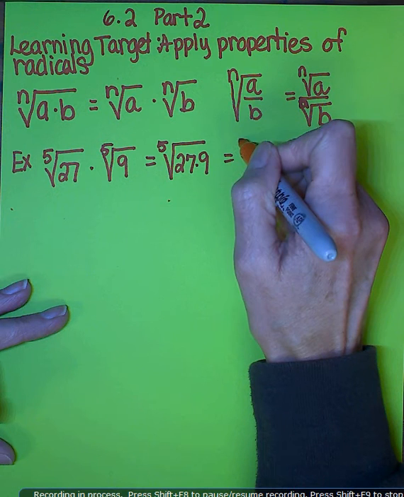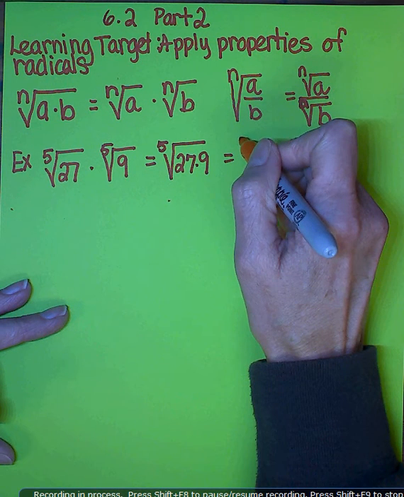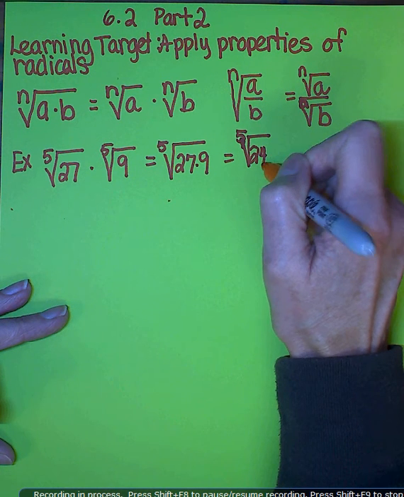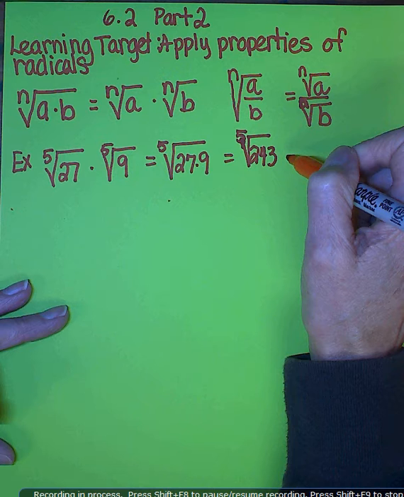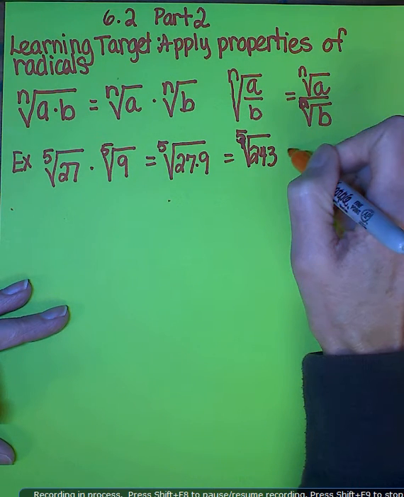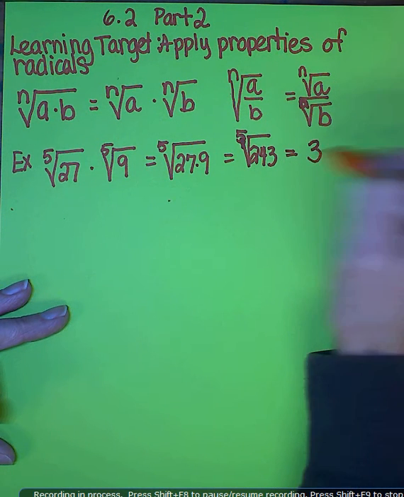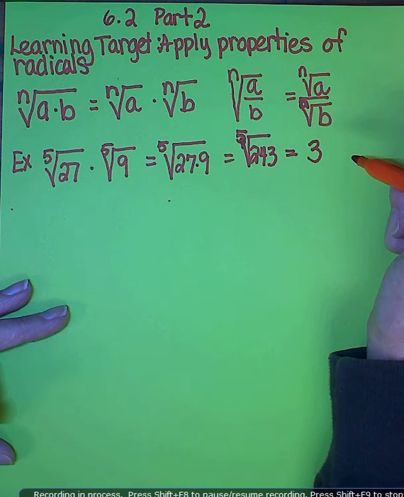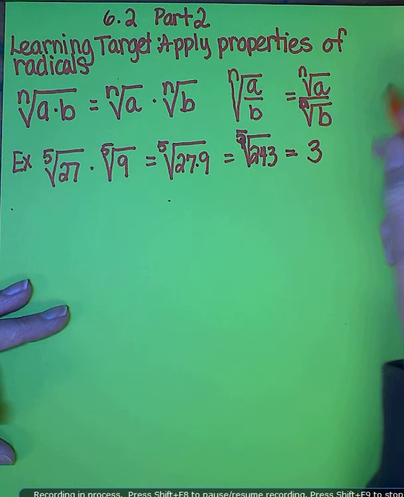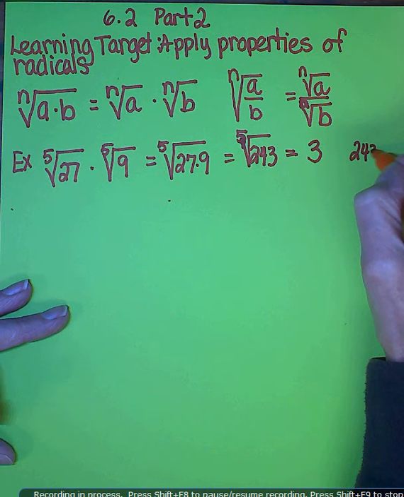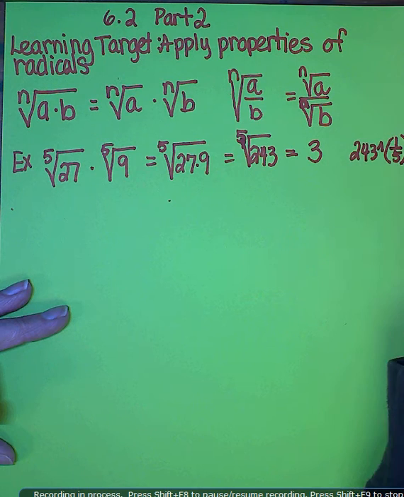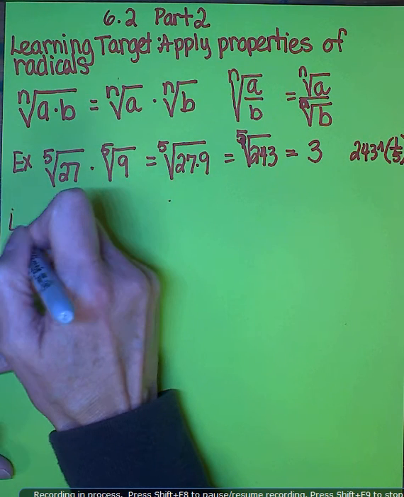Okay, and if I multiply 27 times 9, I get 243, and then this actually has a 5th root, and that would just be 3. So if I do 3 times 3 times 3 times 3 times 3, 5 times, I get 243. Remember to enter that in your calculator. You would do 243 caret 1/5 in parentheses. Okay? Alright, now let's do one that's a fraction.